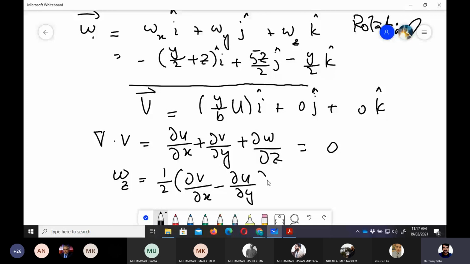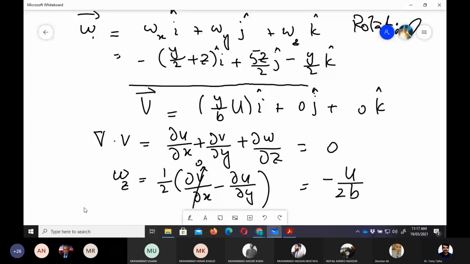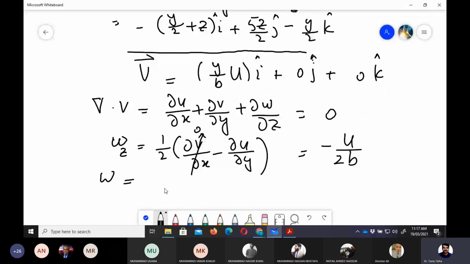And partial u by partial y would be equal to U upon b. So we can write minus U upon 2b for wz. So the rotation vector would be equal to 0i plus 0j, there is no rotation in x and y, and in the z direction it would be minus U upon 2b k.